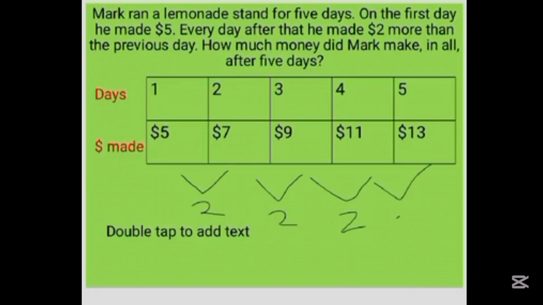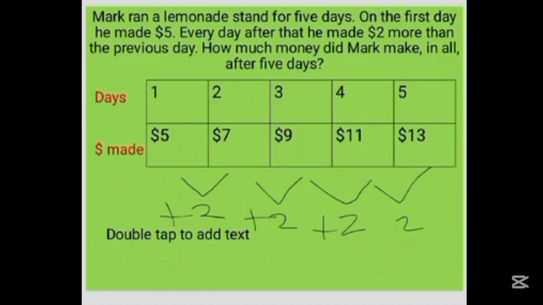Plus lang yan. So, pag na-plus mo na, yan na yung result sa taas at sa baba. Yung $7, $9, $11, and $13.